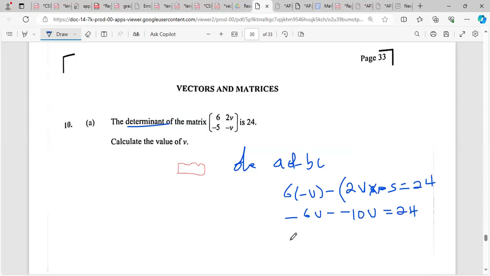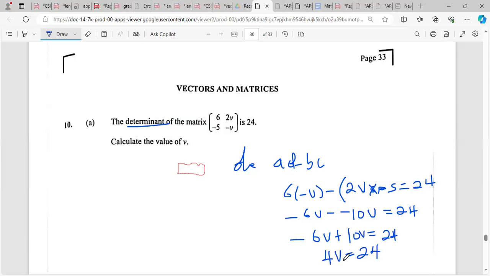Alright, what else now? Minus 6, this is going to become plus. So it's plus 10v equal to 24. And then we can simplify. This will give us positive 4v because the 10 is bigger, and that equals 24.